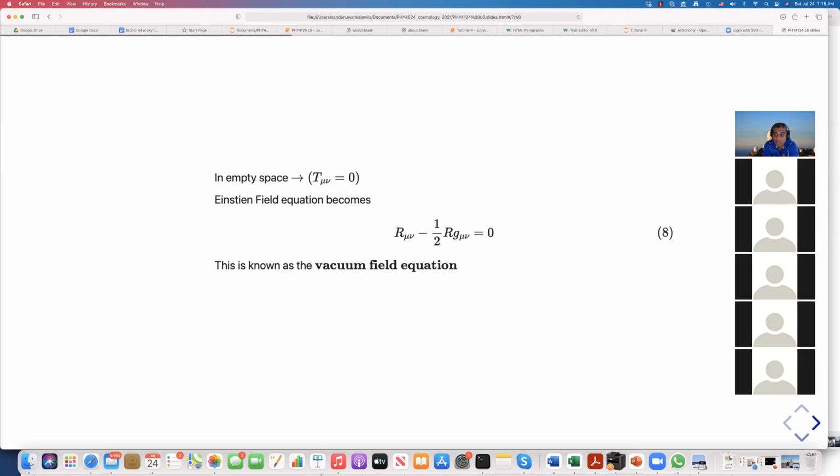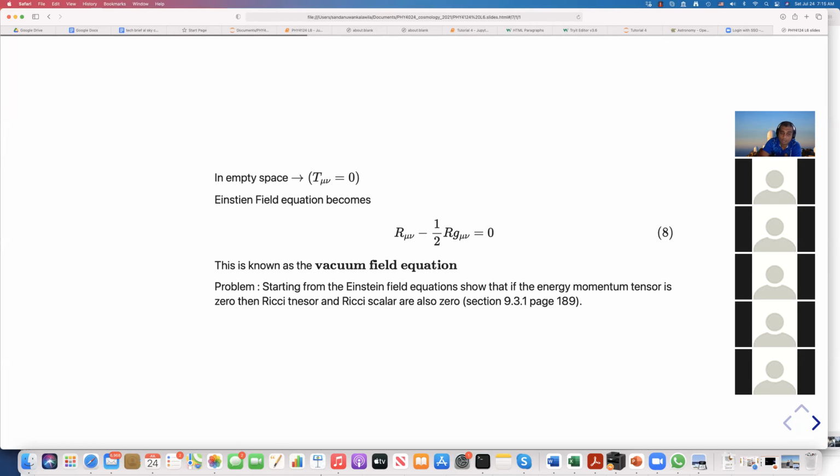So we make it equal to 0, and you have this equation right here: R mu nu equals minus half R g mu nu, right? From this, you can prove that the Ricci tensor and Ricci scalar are also 0, and there is a simple way that you can prove it.